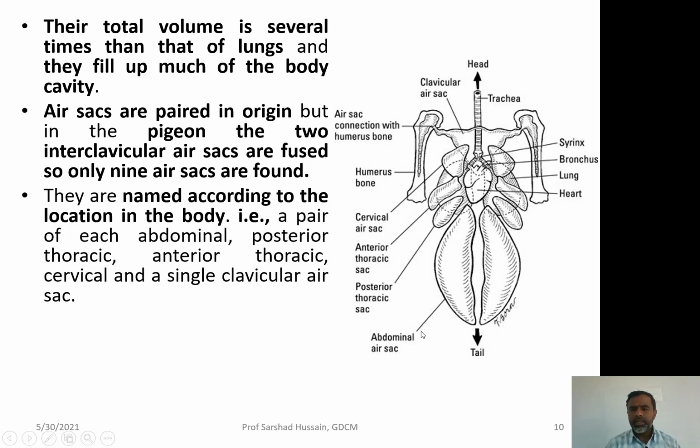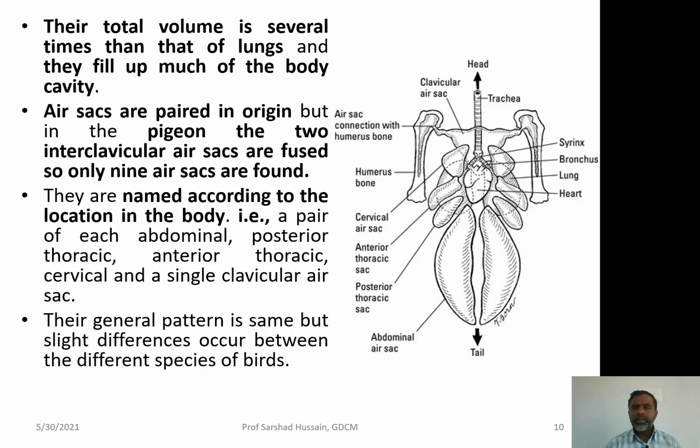For example, in the abdomen, they are the abdominal sacs, again a pair. Then in the thoracic cavity, there are anterior thoracic and posterior thoracic air sacs on both sides, and the cervical sac, because it is present in the cervical portion, and then the clavicular sac, because it is present very near to the clavicle bone of the animals.